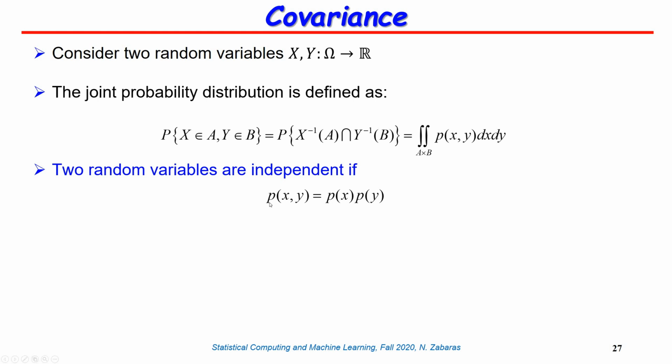Obviously, if you want to formally prove this equation with a little bit of algebra, you're going to have to take the independence of events, use the definition that you see on the top here, and from that definition, prove that the joint density of x and y is P of x times P of y.